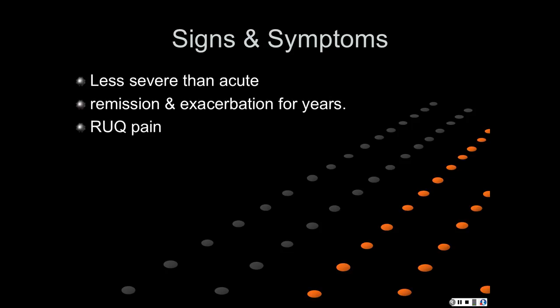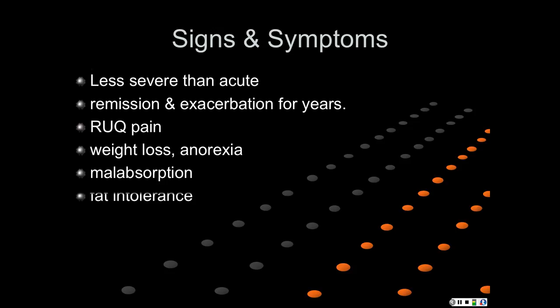Okay, and pain-wise, they do have pain, but it's less severe. They may go through periods of remission and periods of exacerbation, complaining of right upper quadrant pain, weight loss, anorexia, and may have malabsorption issues, fat intolerance because of the enzymes.